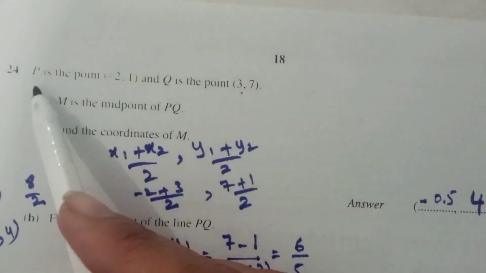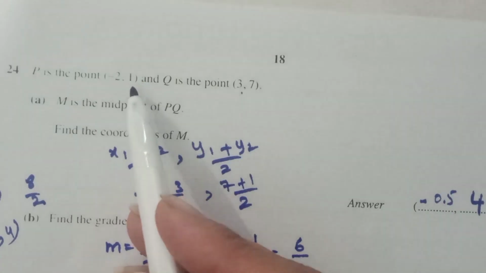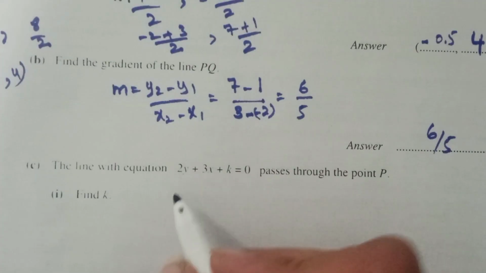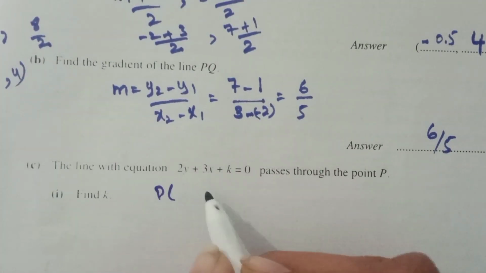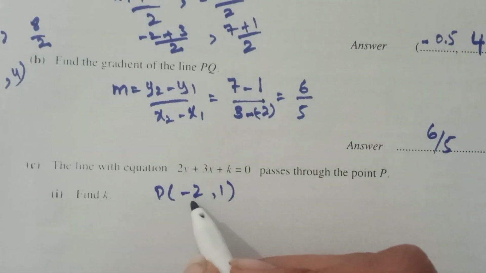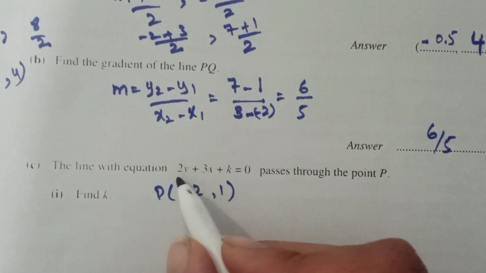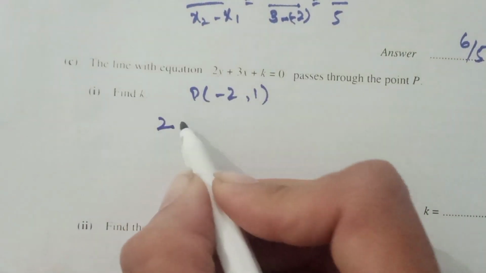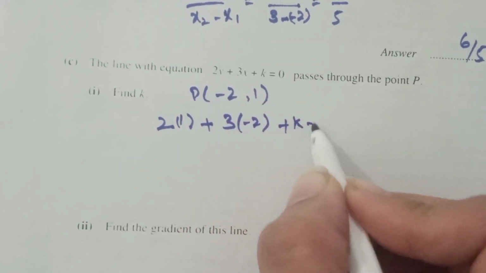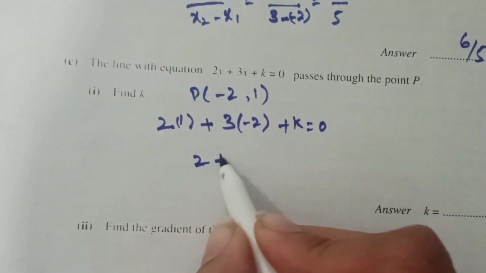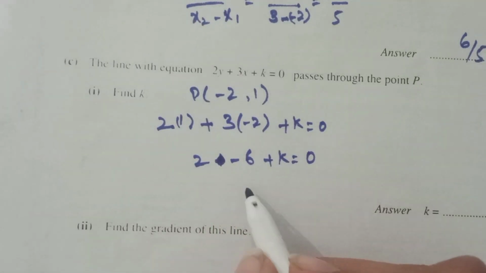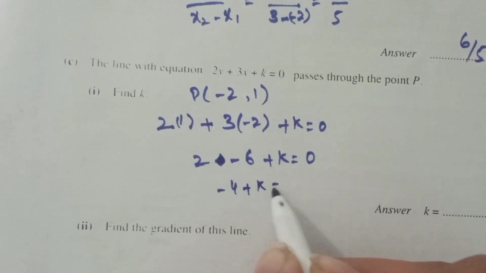We put the coordinates of P, minus 2 and 1, which are given to us, into this equation, and we can easily find the value of K. Point P has X coordinate minus 2 and Y coordinate 1. Putting the values in the equation: 2 times 1 plus 3 times minus 2 plus K is equal to 0. 2 minus 6 plus K is 0, so we get minus 4 plus K equals 0.